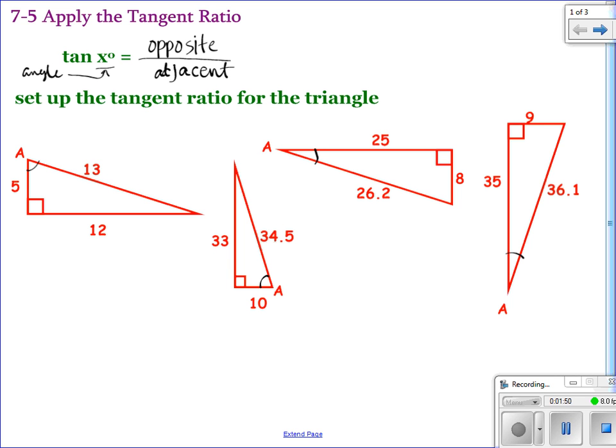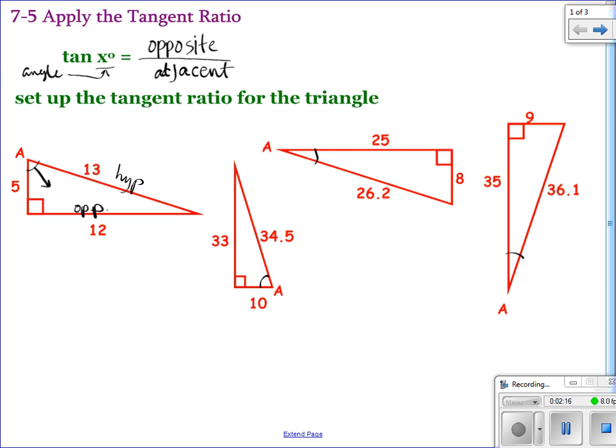So looking at angle A right here, if you were to draw an arrow pointing straight out, it always points at the opposite side. So I'm just going to label that. Now adjacent means next to. So looking at angle A right here, there's actually 2 sides that are adjacent to the angle. But one of them has a special name, which is the hypotenuse.